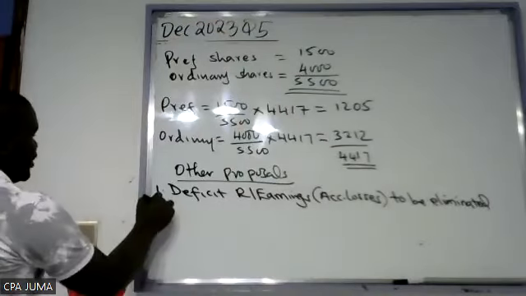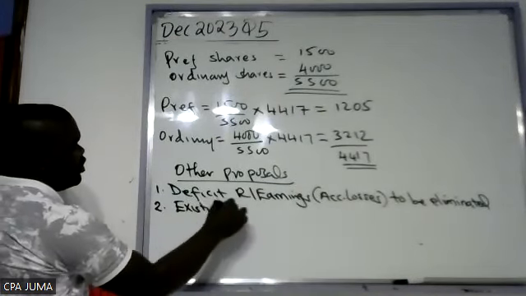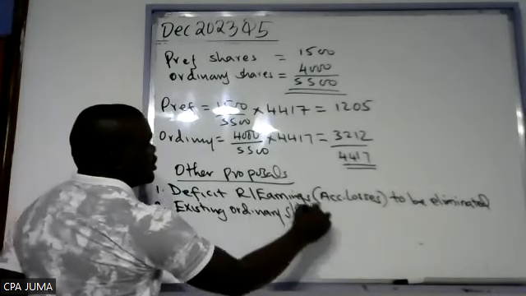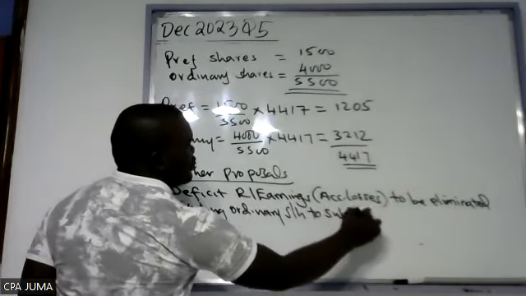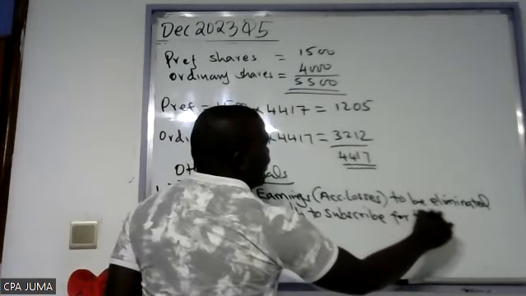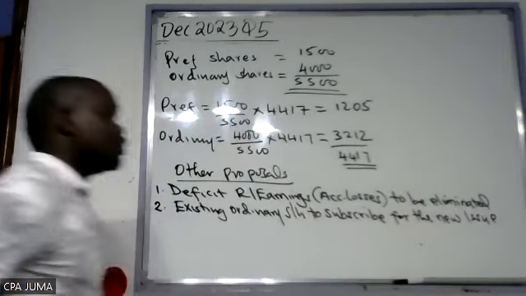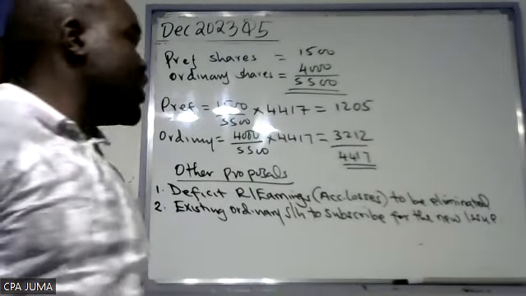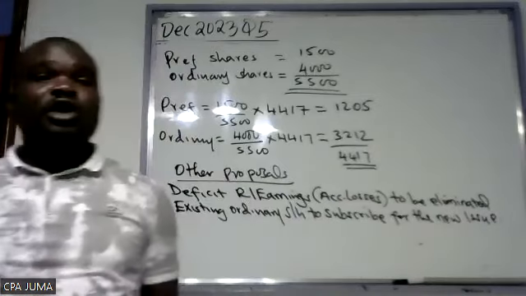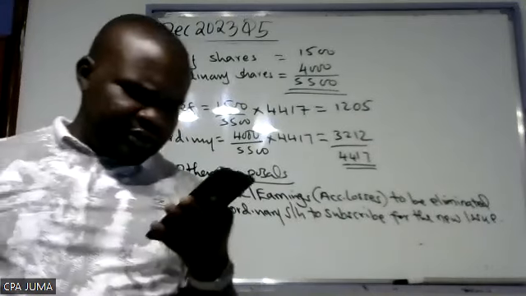So that one you say existing ordinary shareholders to subscribe for the new issue. Of course, because already they have said that they are paying for the new shares. So you just tell them they need to subscribe for that, which is quite obvious.